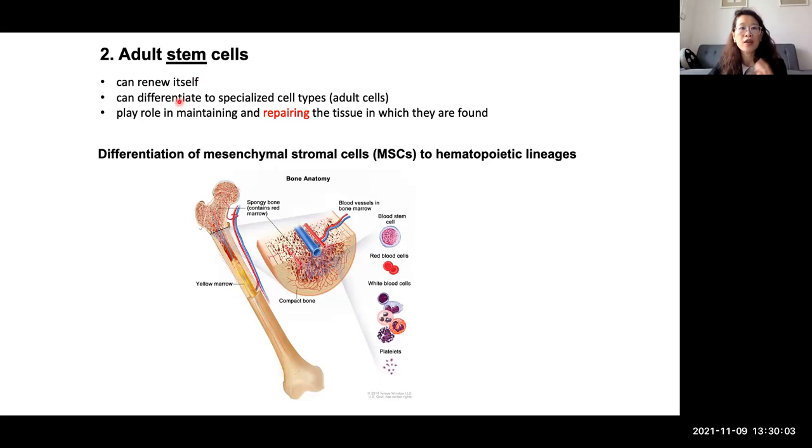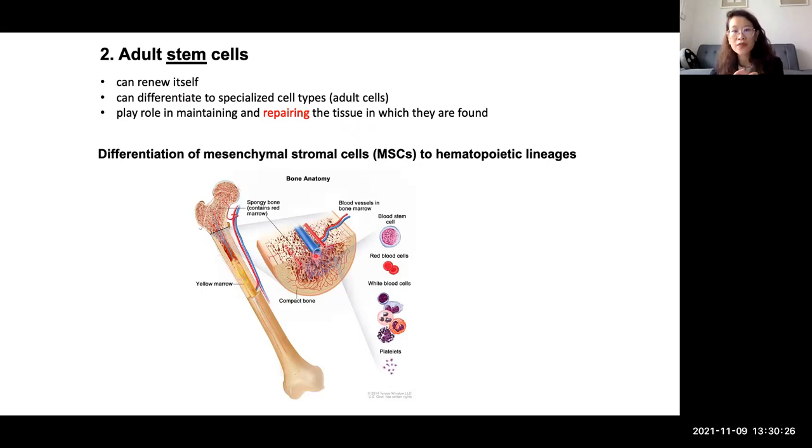Yeah, so you will see embryonic stem cells, even adult stem cells, share these 2 characteristics. Yeah, and then when they become other cell types, they can repair the loss of function of that tissue. So I show you this one. This is an example. They are the stem cells from bone marrow.